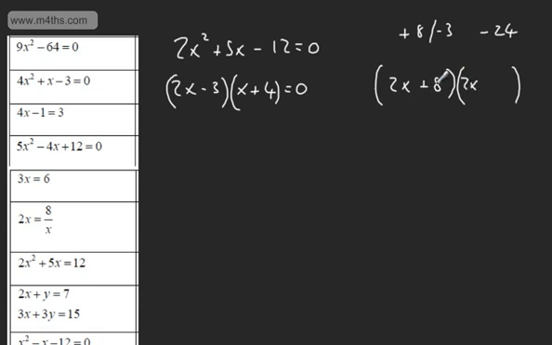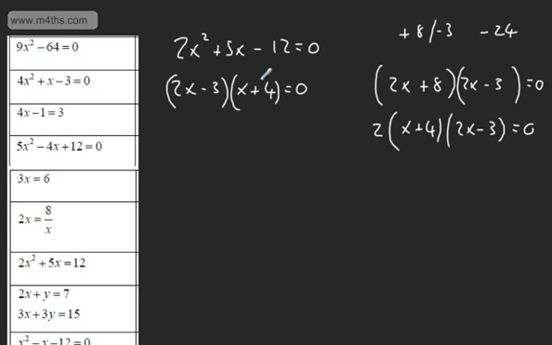All we would do here is 2x plus 8, and then we'd have 2x minus 3 is equal to 0. I can see I can take a common factor of 2 out to leave me x plus 4, and then 2x minus 3 is equal to 0. So my factors now are 2x minus 3 and x plus 4.